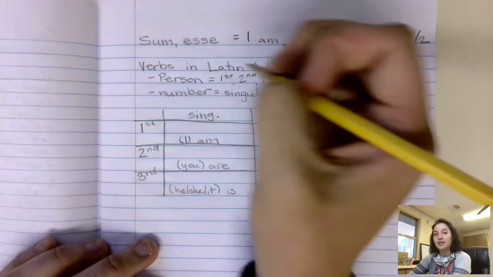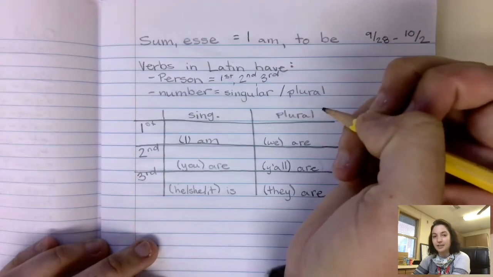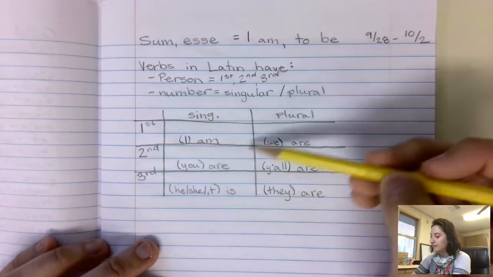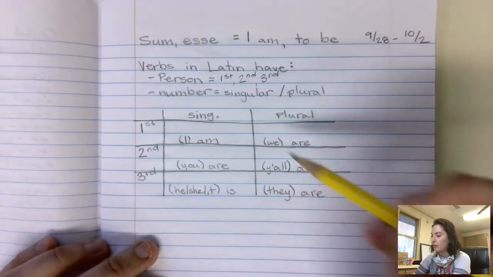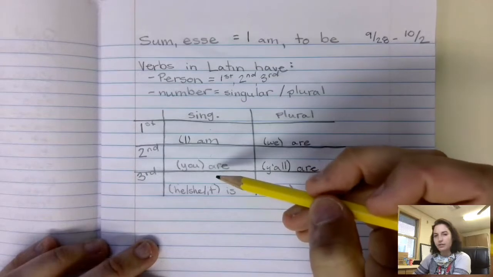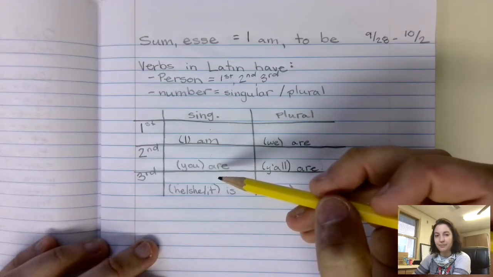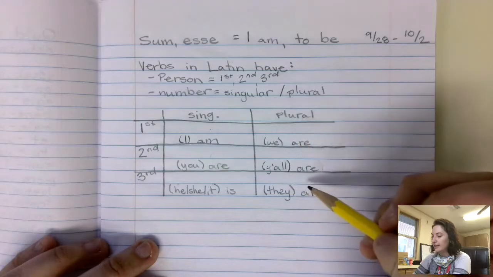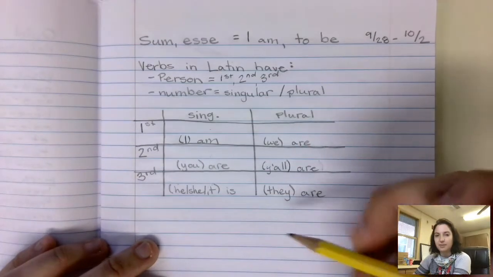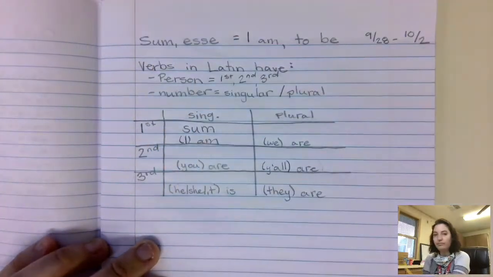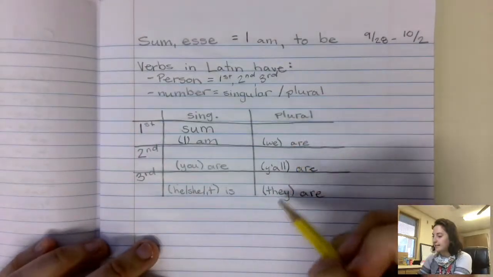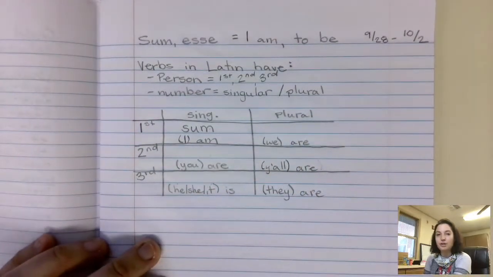In Latin, you do not need to state a subject because all 6 of these forms are going to be different. In English, we repeat are 4 times. So if you just said are, there's no way of telling who's doing that verb. But in Latin, they're all different, and so you don't need to say a subject because, for example, the first person singular is sum. If you say sum, because it's different than all these other ones, you don't have to say ego sum. Just sum implies that I am doing it.